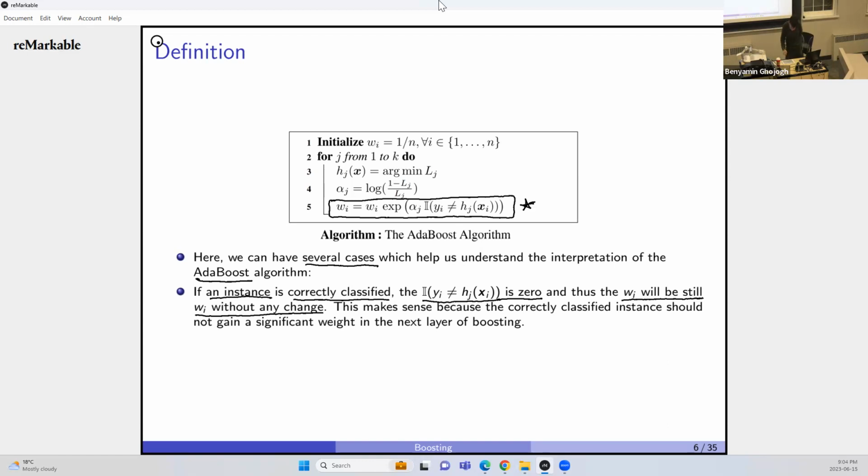Therefore, inside the indicator function is not true, so the indicator function is 0. Exponential of 0, e to the power 0, becomes 1. So wi equals the previous wi. It means that if my model hj estimated the class label of xi correctly, don't change its weight for the next layer in the boosting. Of course, it makes sense.